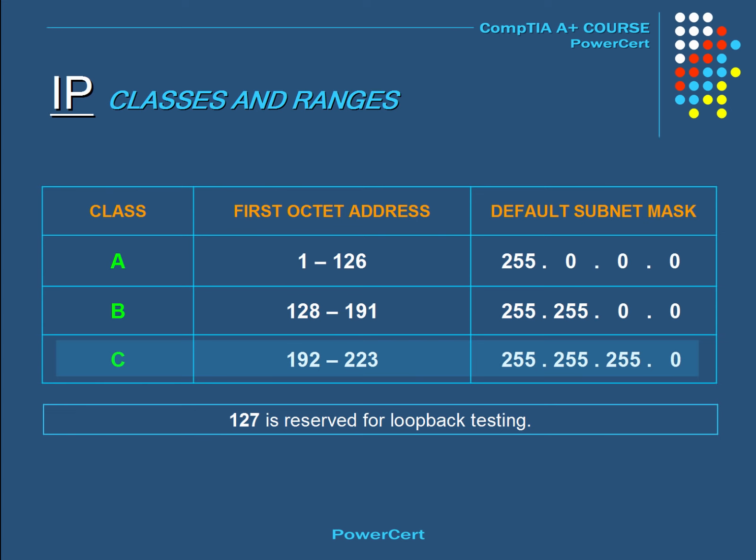And this class is given to small organizations. You're also going to need to memorize the default subnet masks for each of these classes. Now if you notice, we skipped over the 127 range. And that's because this number cannot be used for a network, because the number 127 address is reserved for internal loopback functions.